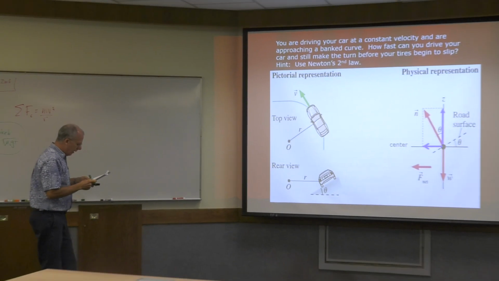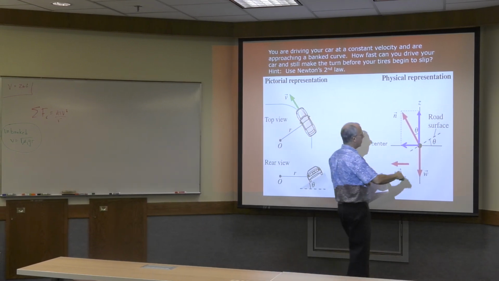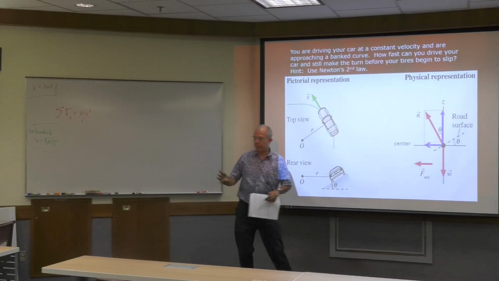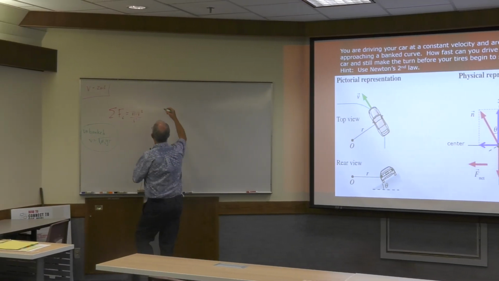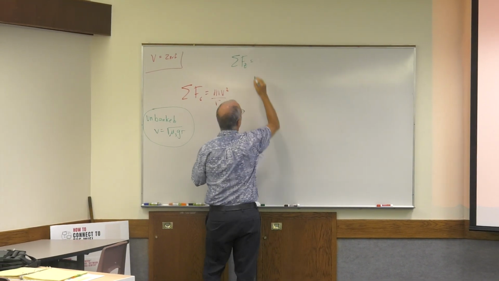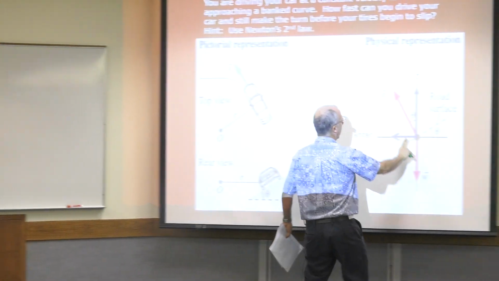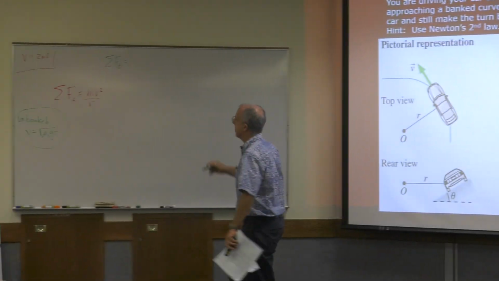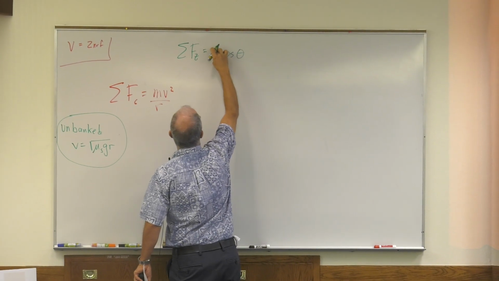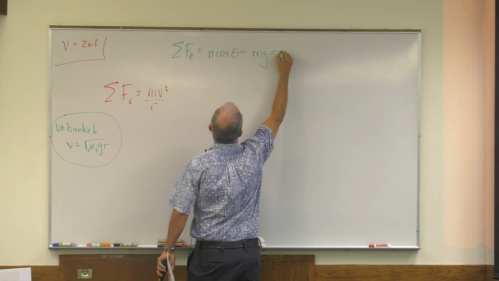Okay. Now let's do the z forces first. You'll see why. So the sum of the z forces: this is n cosine theta, minus mg, and that equals 0, right?